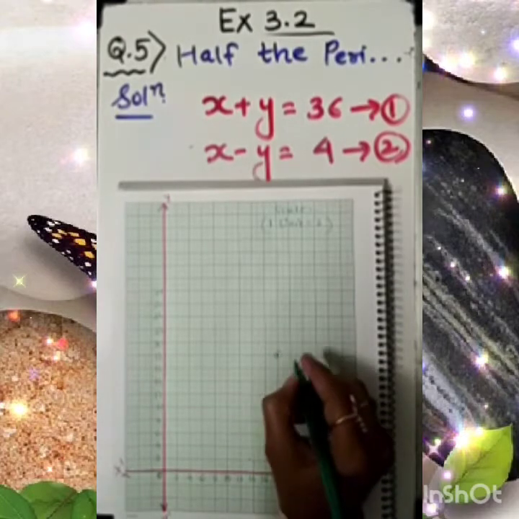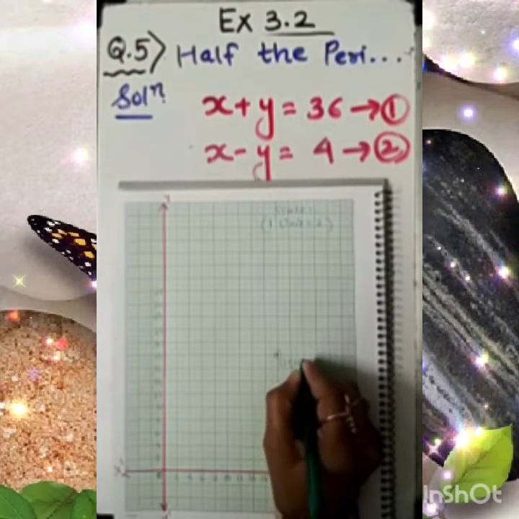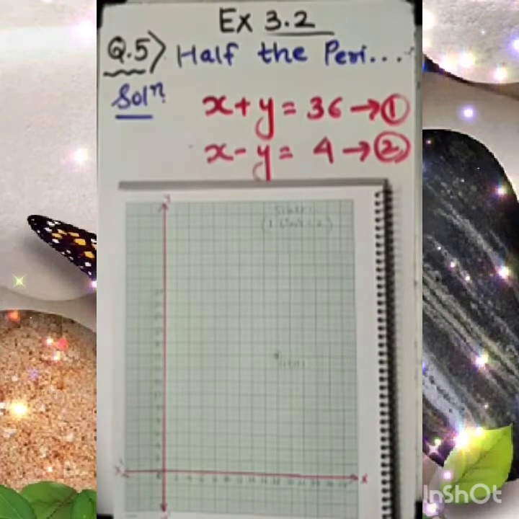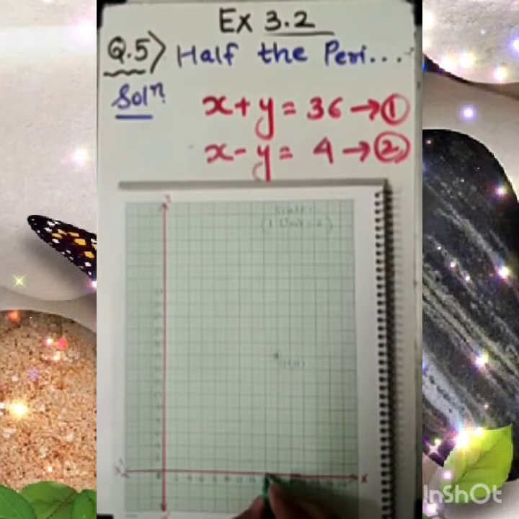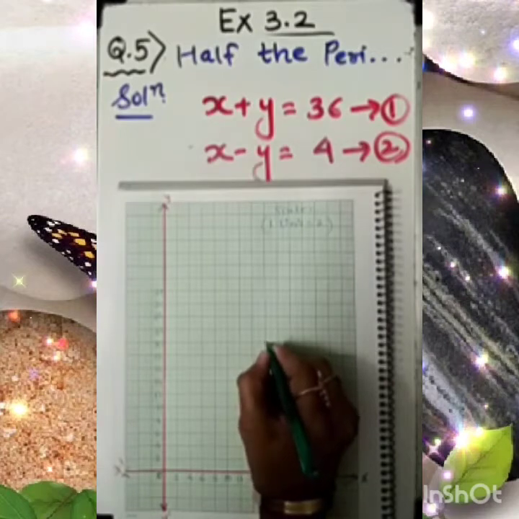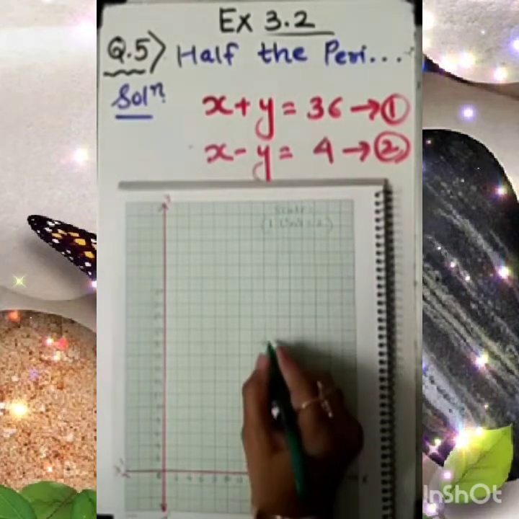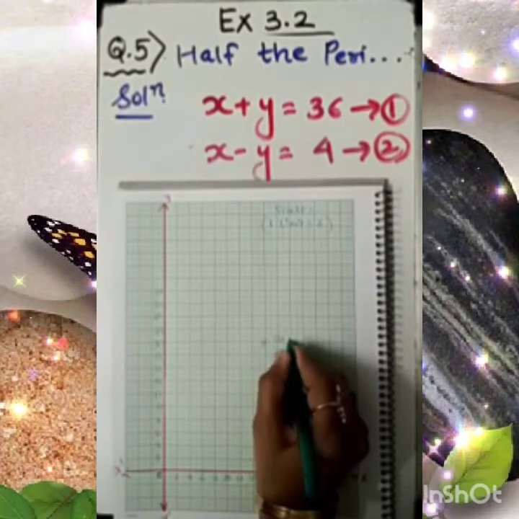Let me call this point 18, 18. Let's locate the second point, that is 16, 20. 16 on the x-axis and 20 on the y-axis will be somewhere here. So this is 16, 20.